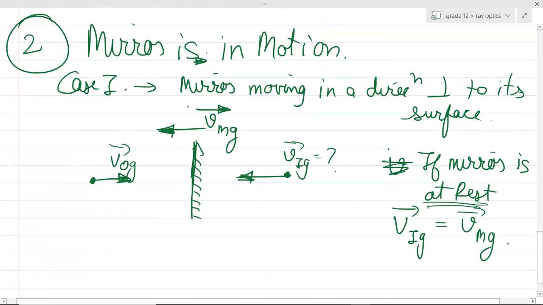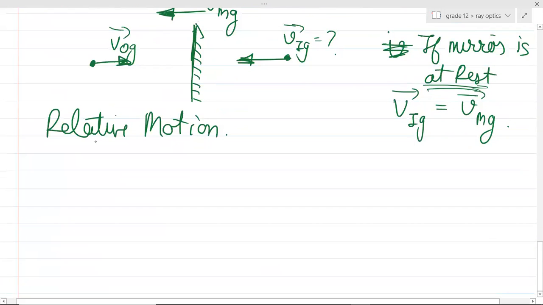So is there any concept of physics which can make a moving object at rest? Relative motion, right? So by using the concept of relative motion, can I say this particular thing, the velocity of the image with respect to mirror, oh sorry, this was minus of VOG, right? My bad.